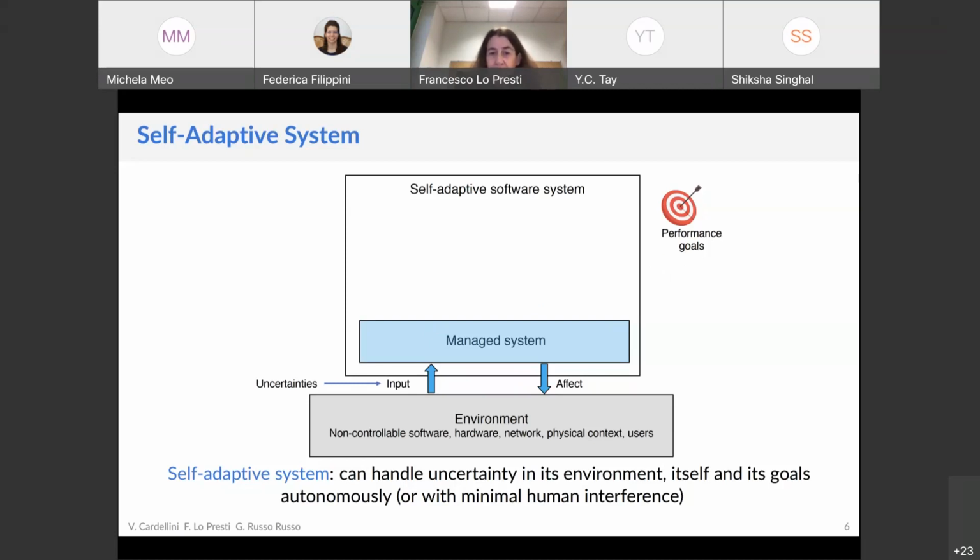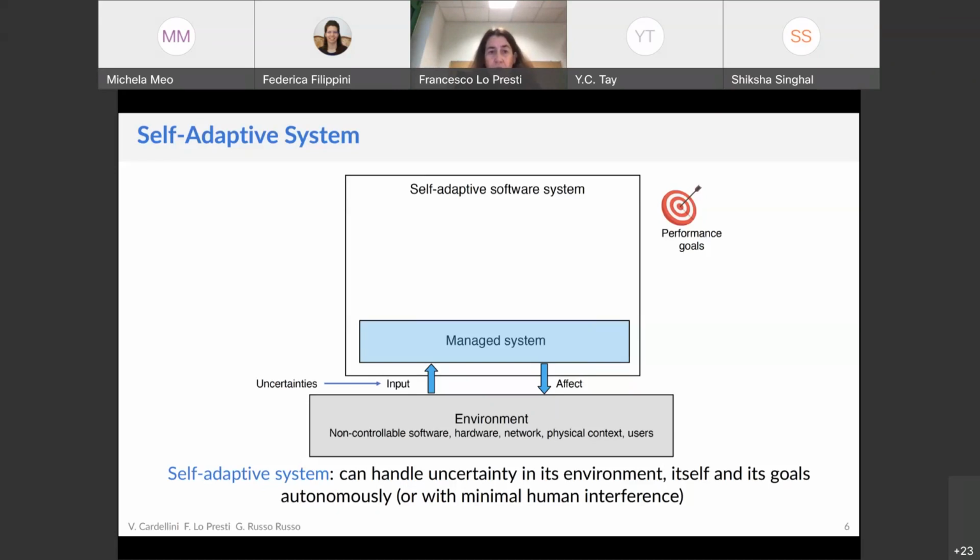So in this context, we would like to have a system that has the so-called self-star properties. For example, a system that is able to self-optimize, that is able to self-heal to survive from and recover from failures. And you would like to have a system that is able to reconfigure and also to self-protect from, for example, security attacks.